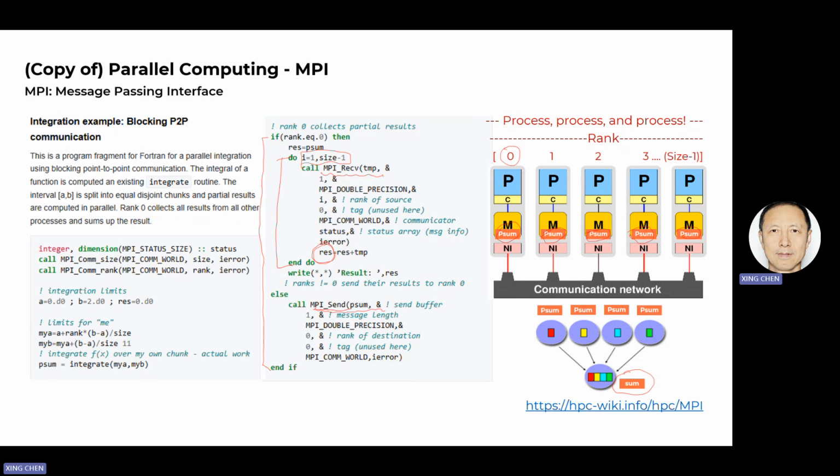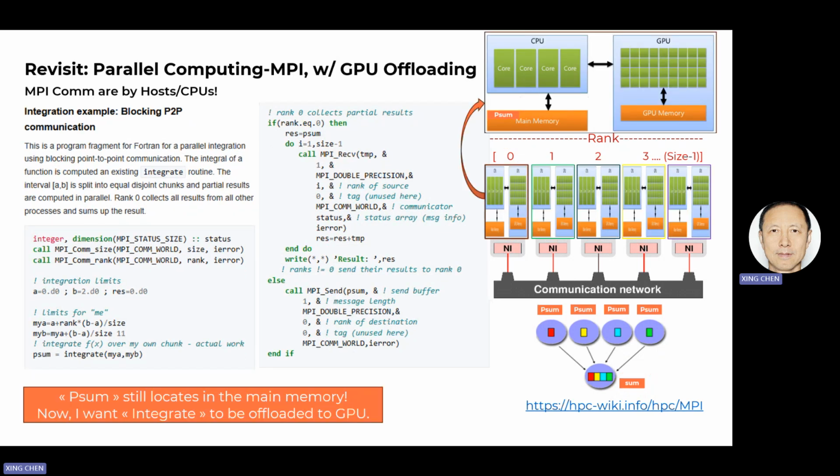And what's going to happen? It's going to be like this. So your node has been changed. Here, this is your node. You have a GPU per node.